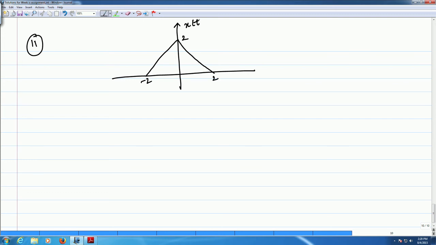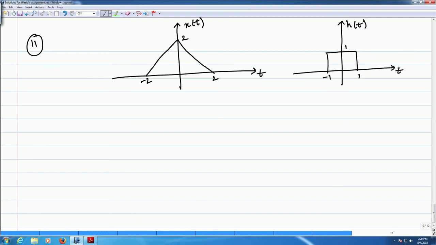My pictures do not come out very good looking, but nevertheless I try to be as careful as possible, sticking to scale and all that. x of t is simply given as this, and h of t is given as 1 from minus 1 to 1, right. That is the h of t, and then now we need to convolve these two things.